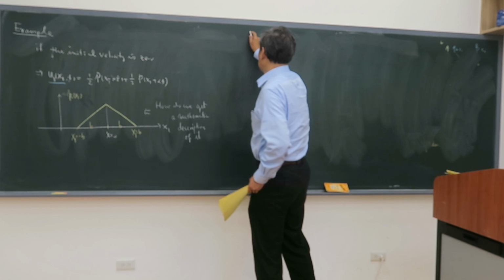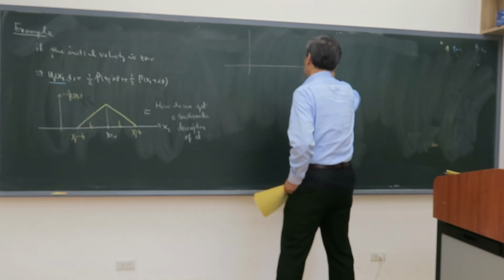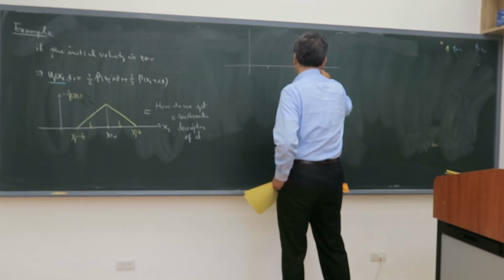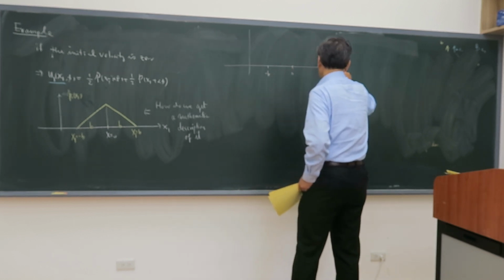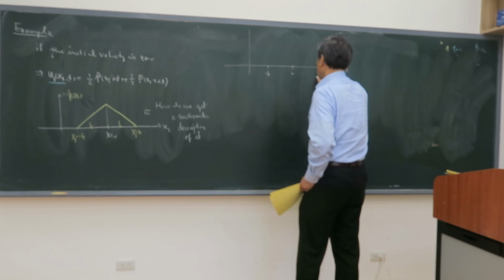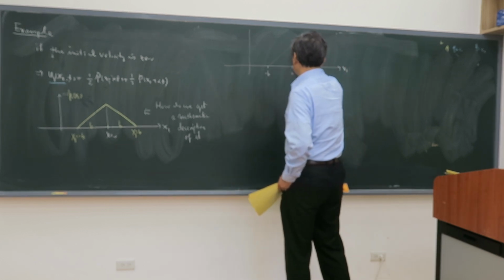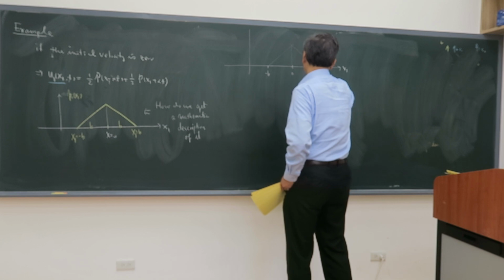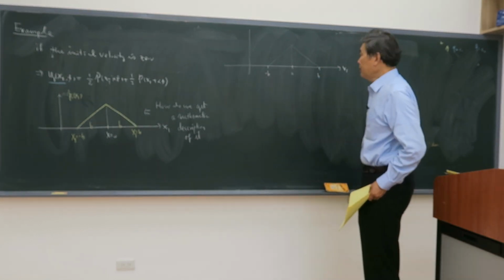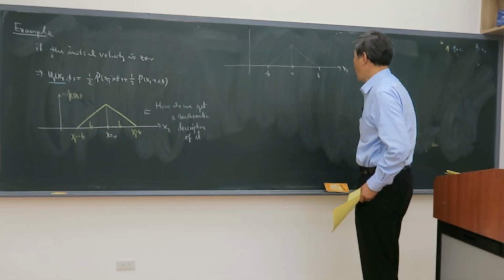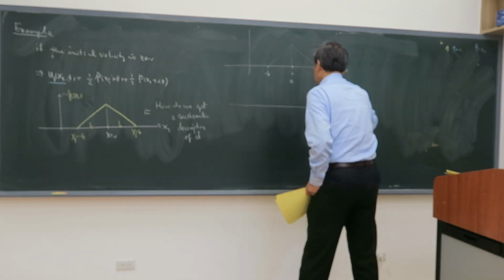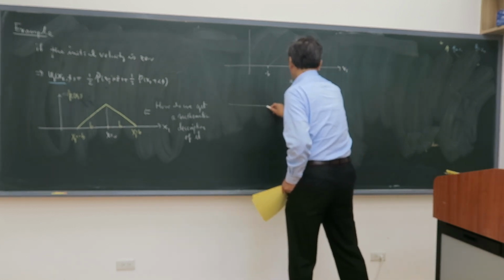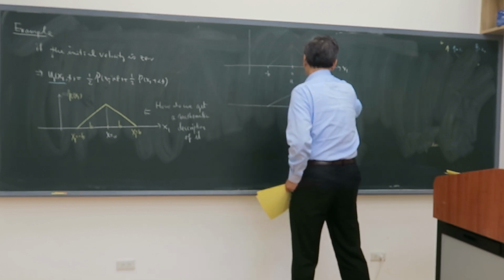So this waveform, this 0 minus B, this x1, this B, can be thought of as a superposition of equations of this form.